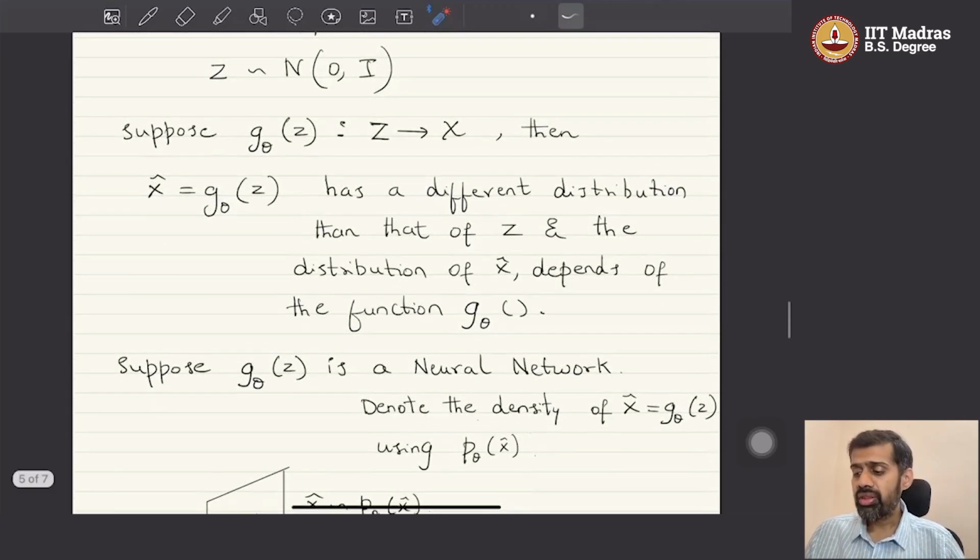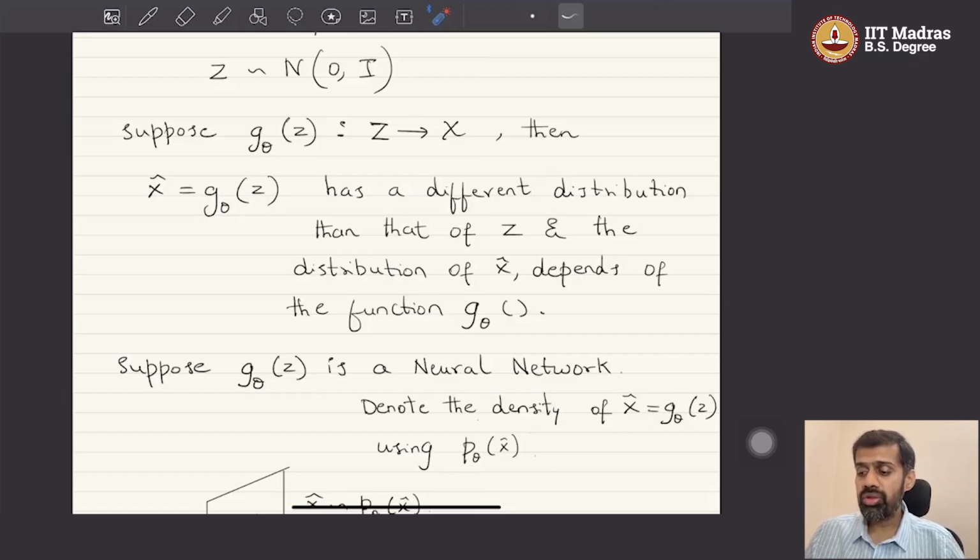By elementary probability theory, we know that a random variable pushed through a deterministic function will lead to another random variable, denoted by x cap in this case, and will have a different distribution as compared to the distribution of the initial random variable that was used as an input.